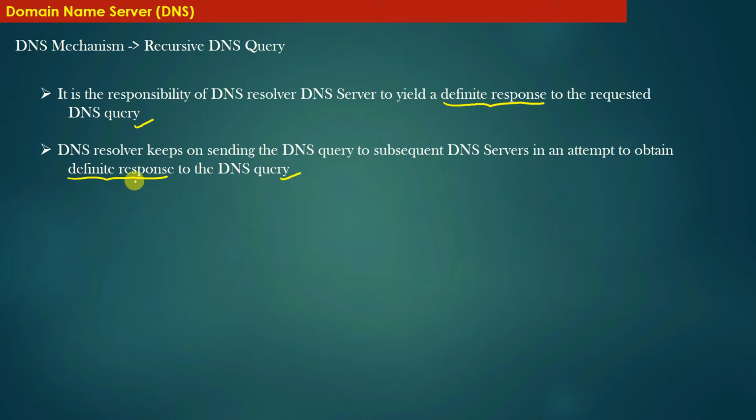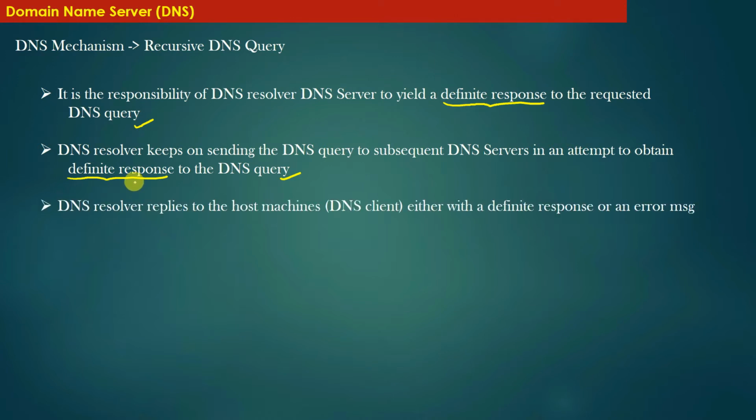This definite response is either the IP address of the fully qualified domain name requested by the DNS client, or it is an error message. An error message means that it could not find the IP address of the requested fully qualified domain name. So this definite response is either the IP address or an error message. The DNS resolver replies to the host machine, that is the DNS client, which is the original originator of the DNS query, either with a definite response or an error message.